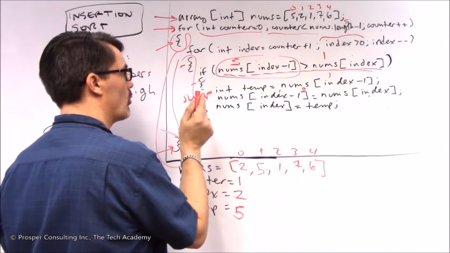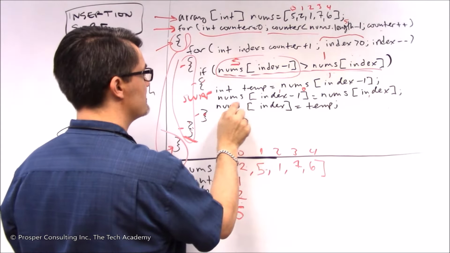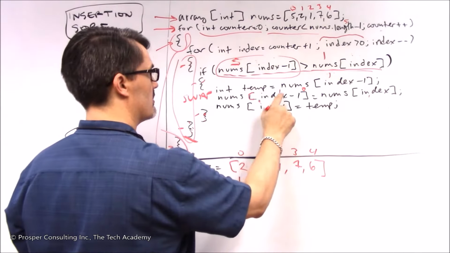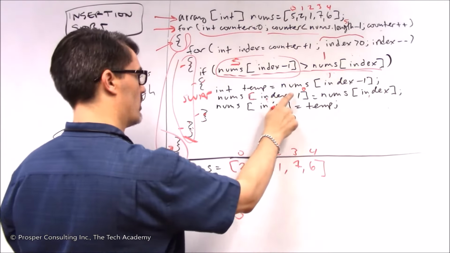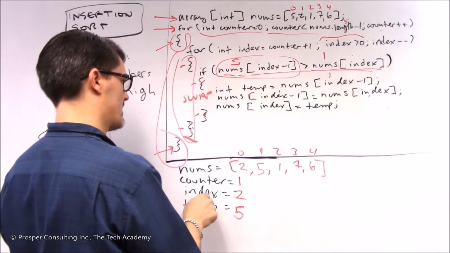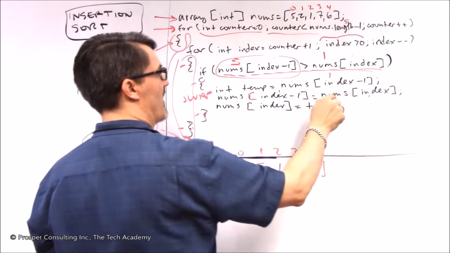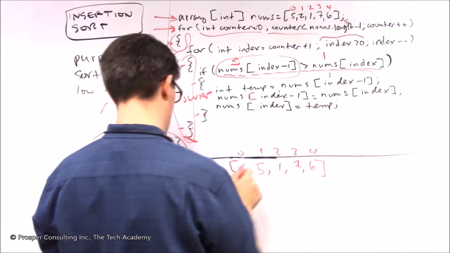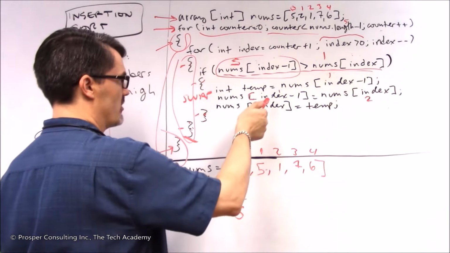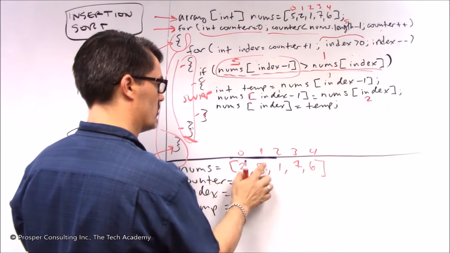Now, we're going to do a swap. We're going to say nums, the array element at position 2 minus 1, which is 1, can become equal to the value in nums at position 2. So the value in 1, which is right here, it's a 5, we're going to make equal to the value in 2.